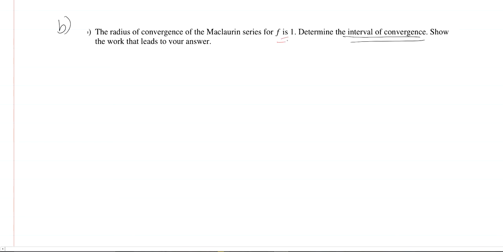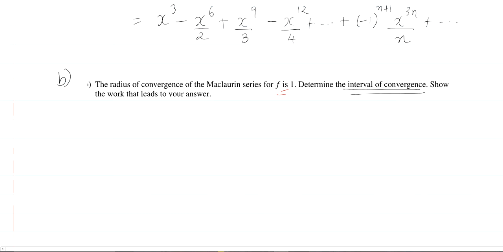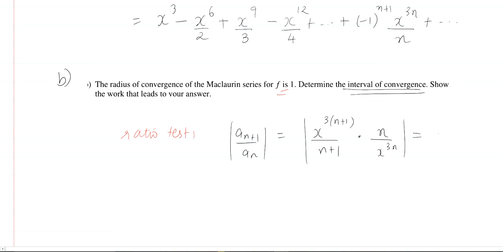If you were to do a ratio test, the ratio of the n plus 1 term to the nth term is x to the 3n plus 1 over n plus 1 times n over x to the 3n, and this happens to be equal to x cubed.